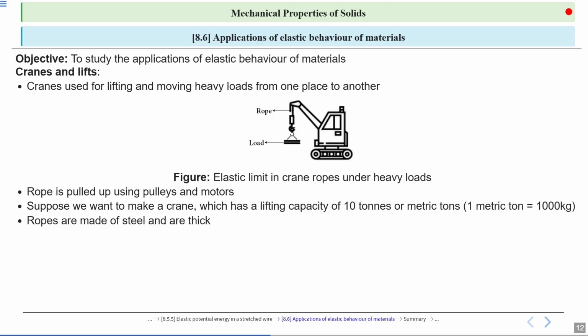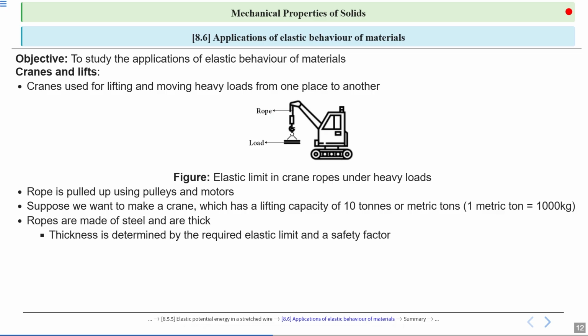To handle such heavy loads, the ropes used in cranes are made of steel and are quite thick. Steel is chosen because it has a high elastic limit and can withstand large forces without breaking. The thickness of the rope is not random; it is calculated based on how much load it needs to carry.